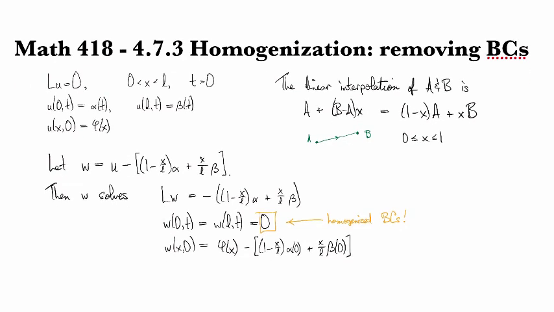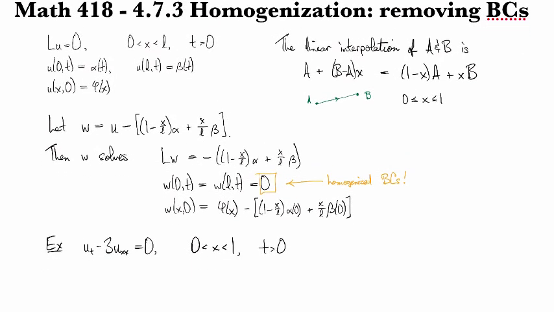So let's look at some particular example. If we take another heat equation example, so u_t minus 3u_xx equals 0, and we'll do this on the interval from x going from 0 to 1, t positive. And we'll take our boundary conditions to be 2e to the minus t on the left-hand side and 1 on the right-hand side.